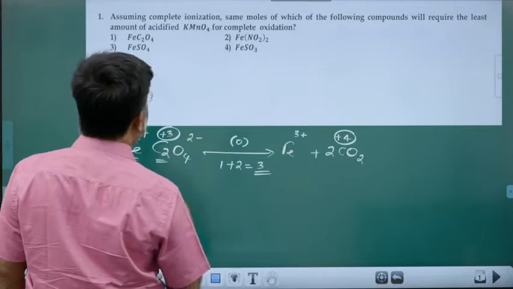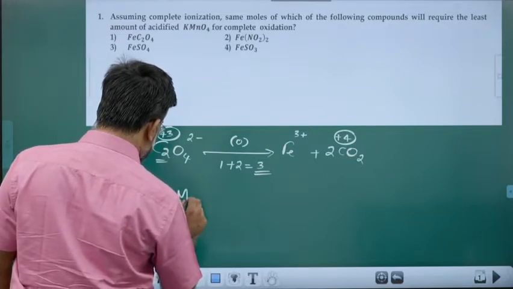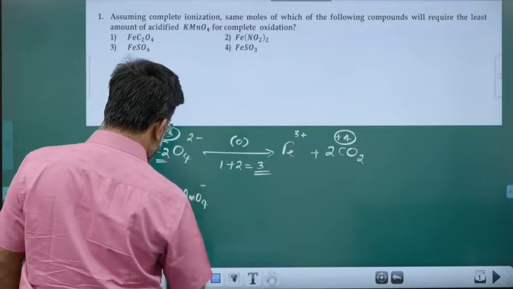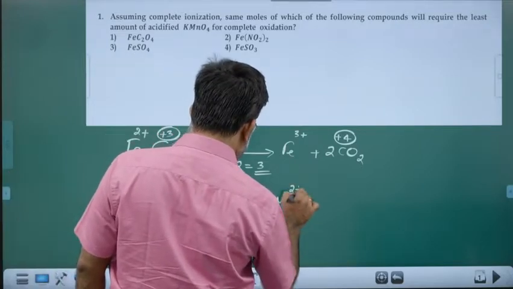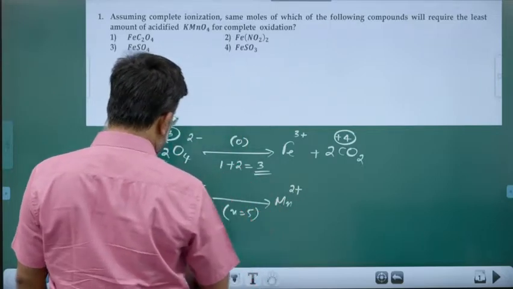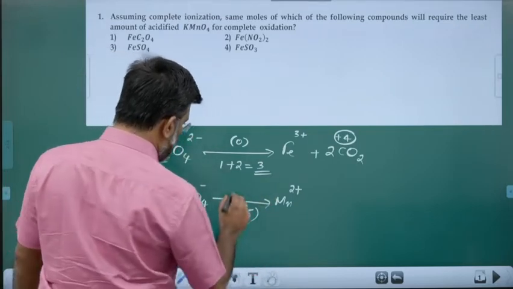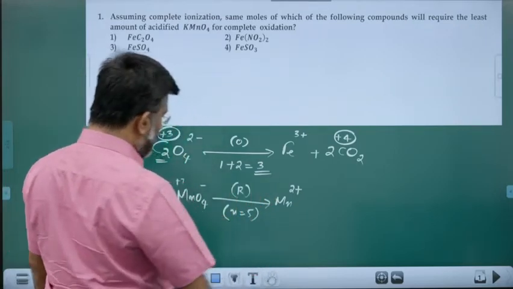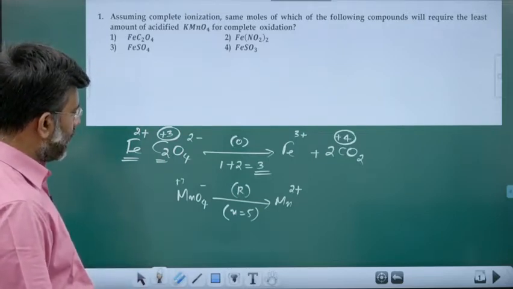You know, permanganate in the acid medium: MnO4- will be converted to Mn2+, where the N factor is 5. How 5? It is +7 changing to +2. That is reduction. Now upon balancing, we need to make the N factor equal.